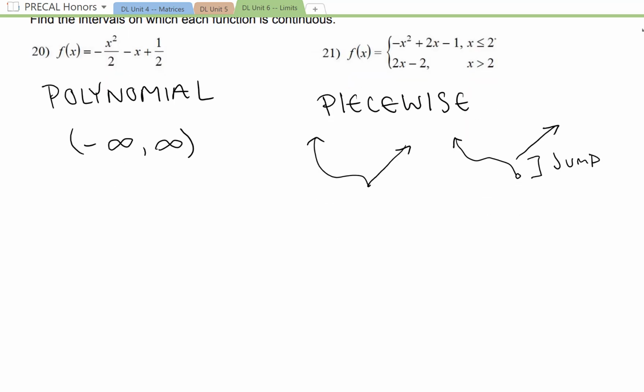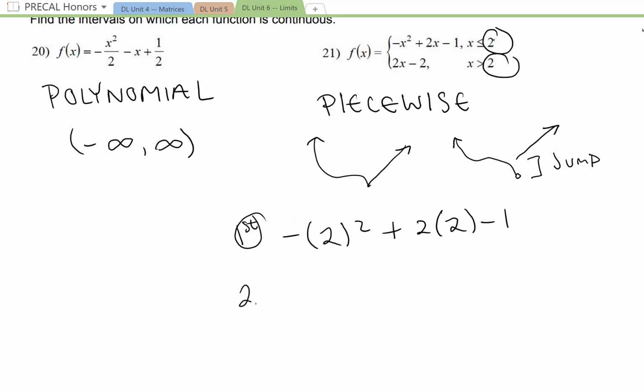To check if the pieces meet, plug in the transition point x value. So I need to plug in 2 to the first piece, and then plug it into the second piece. Now I know it's not in the domain of the second piece. I don't care. I just want to know where that point would end up if 2 was plugged in.